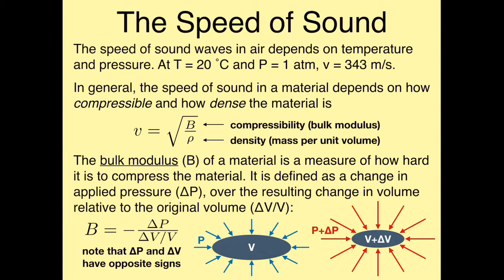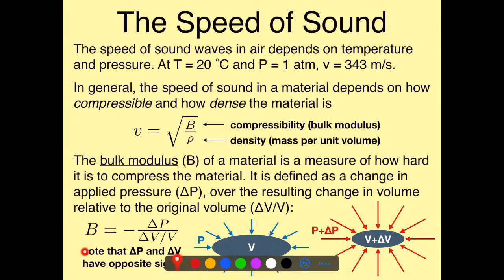Again, in the bulk modulus, on top we have delta P, which is the increase in pressure. On the bottom, we have delta V, which is how much the volume changed as a result of increasing the pressure, divided by V, which was the original volume. Now, delta P is positive because we increased the pressure, but delta V is negative because we've decreased the volume.